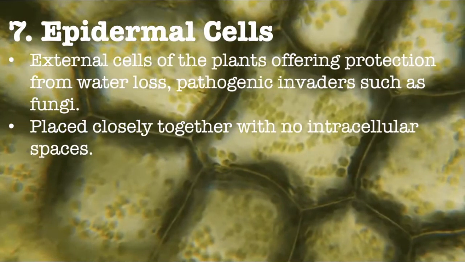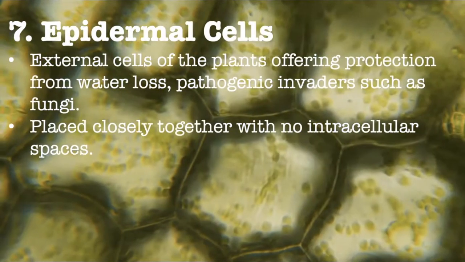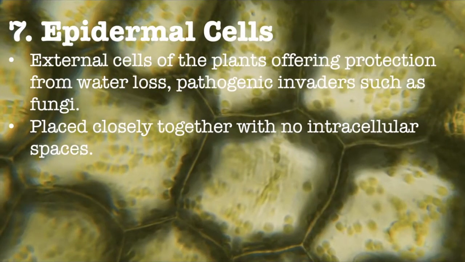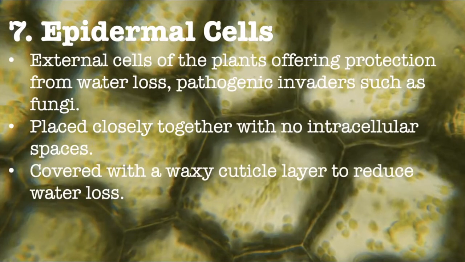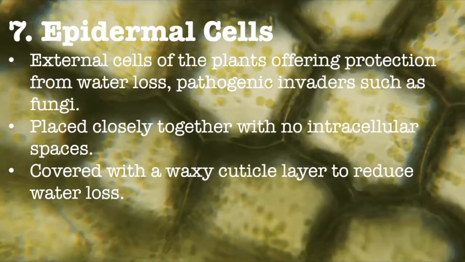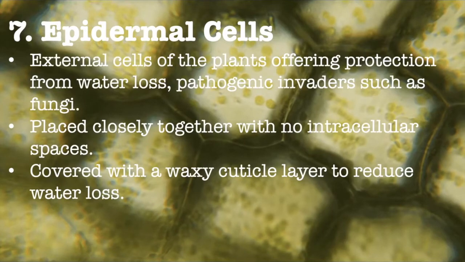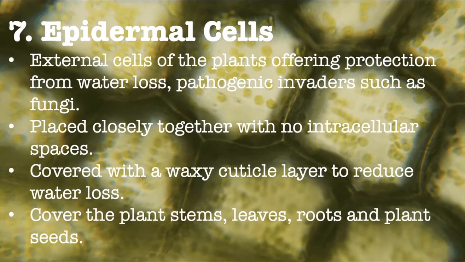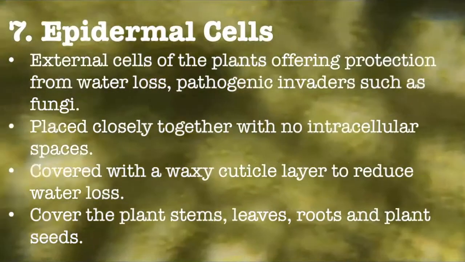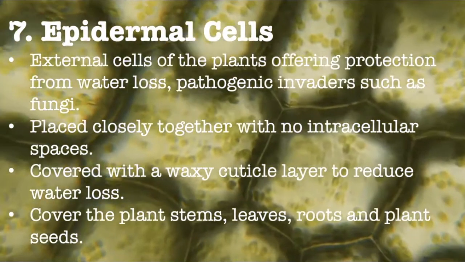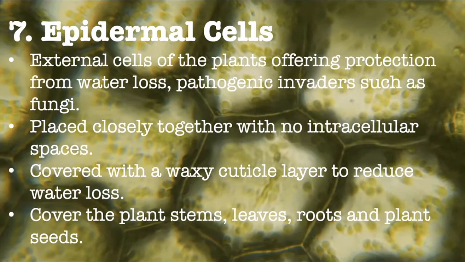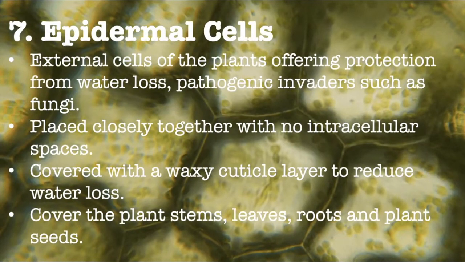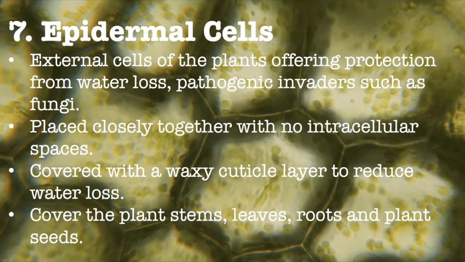They are placed closely together with no intracellular spaces. They are covered with a waxy cuticle layer to reduce water loss, and these cells cover the plant stems, leaves, roots, and plant seeds.